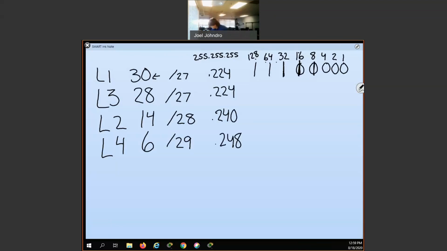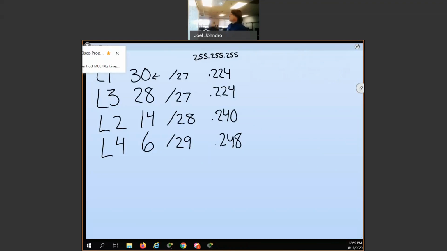So we've got our networks. Now we need to figure out the host address, the broadcast address, and the range for each of these networks. And this is going back up to our magic number.